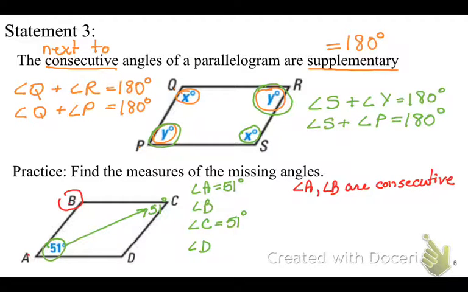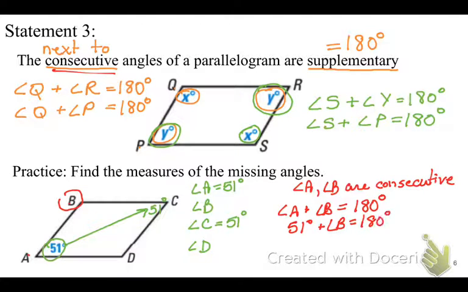Okay, so given this statement, angle A plus angle B is equal to 180 degrees. So we know what angle A is, so 51 degrees plus angle B is 180 degrees. Okay, we subtract 51 from both sides, and we know angle B is equal to 180 minus 51.